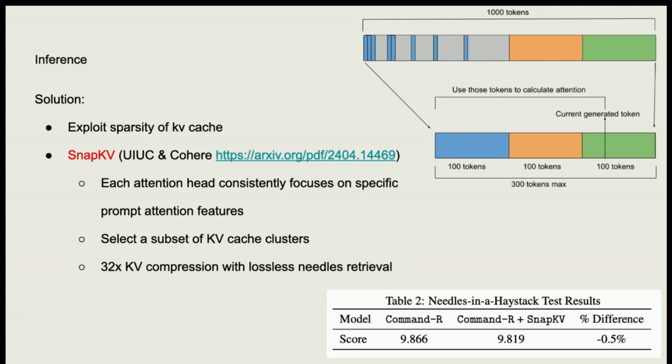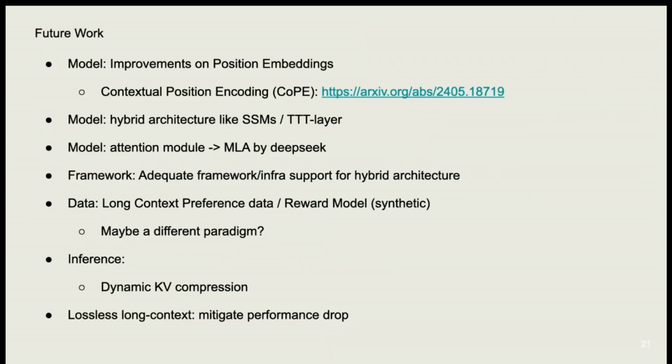But if you ask another question of a completely different topic, then we're either going to need to recompute the cache, or do something else to make the cache work for the new question. But that kind of defeats the purpose of saving compute and memory. So this dynamic KV compression, I think, will be the next big movement for long context inference.